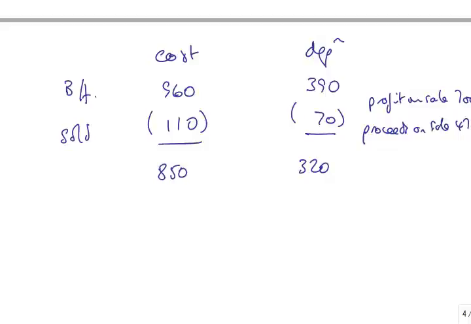They did have a value included within that 850. They had a value of 100, and I've increased that by 250 to 350. So now the assets which I started with and I still have have a cost value or revalued amount of 1,100 with depreciation still of 320.